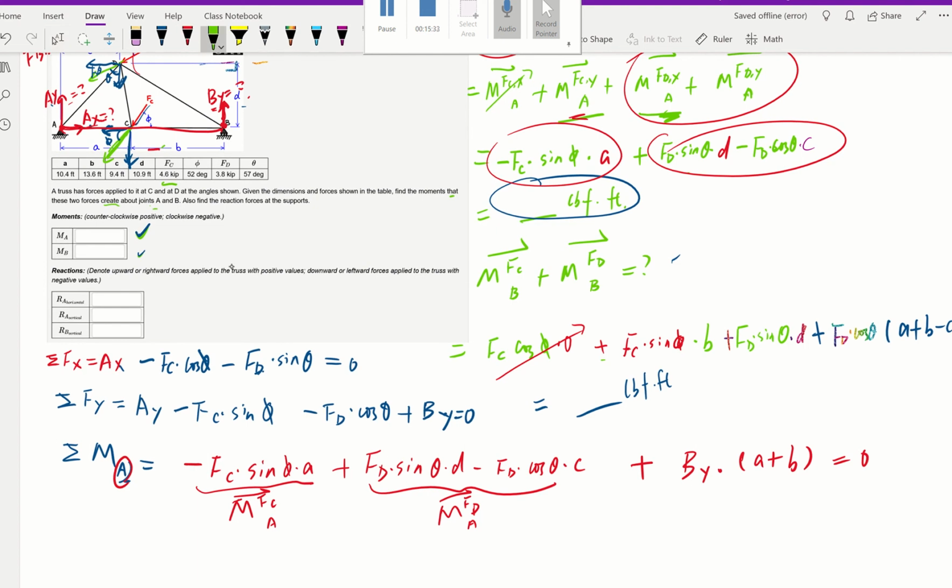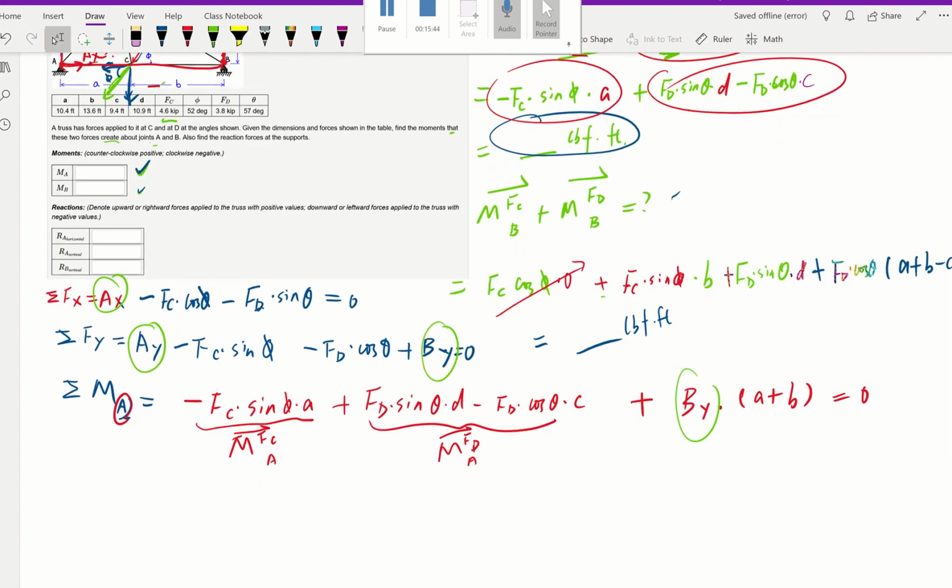Those 3 unknowns are your AX, AY, and BY. So put them into your linear equations, then you can solve them. You can find your AX, AY, and BY, and that is going to be your AX direction, AY direction, and BY direction.